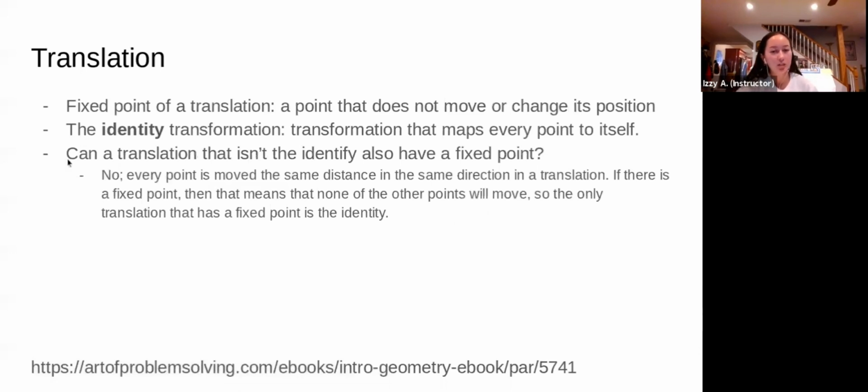And can a translation that isn't the identity also have a fixed point? And the answer is no. Every point is moved the same distance in the same direction in a translation. If there's a fixed point, then that means that none of the other points will move. So the only translation that has a fixed point is the identity.